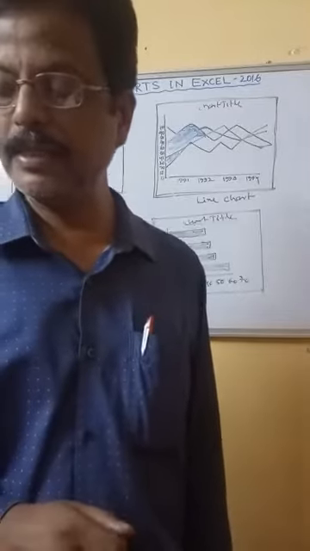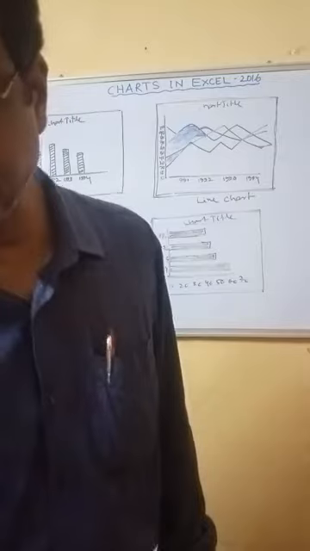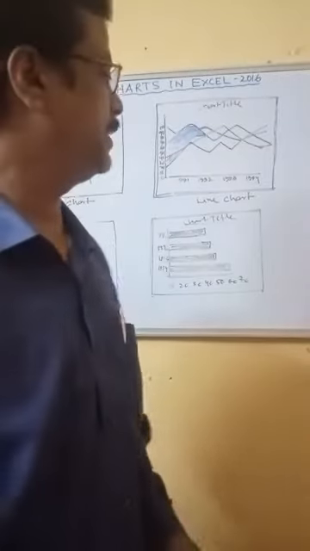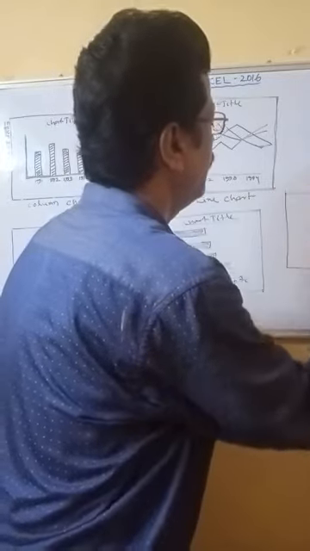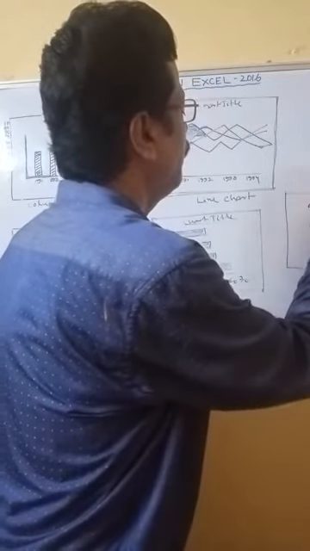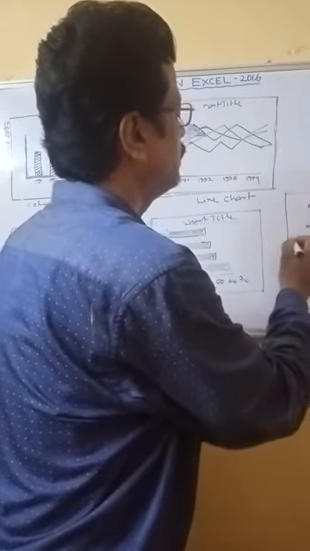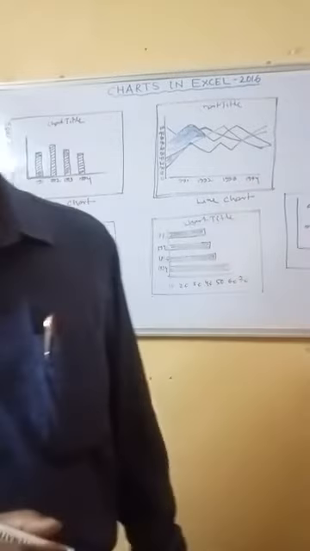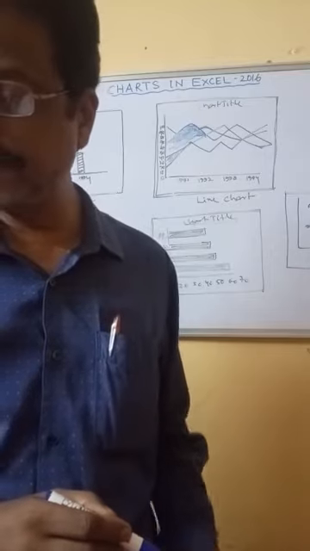Then the next thing is the XY scatter chart. In an XY scatter chart, only points are represented. Suppose this is your area, here you have to draw only one point, like this, and only points are drawn, nothing else. That is the XY scatter chart, used to compare pairs of values.